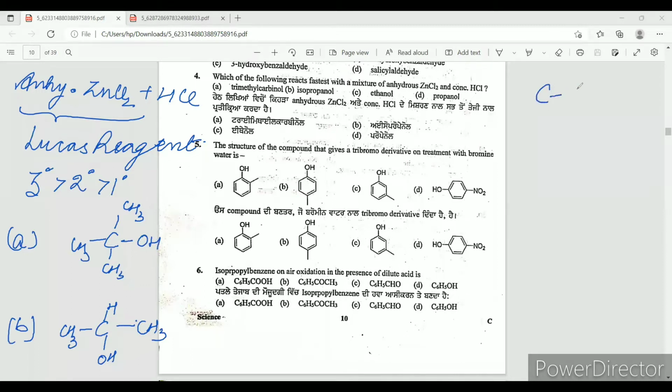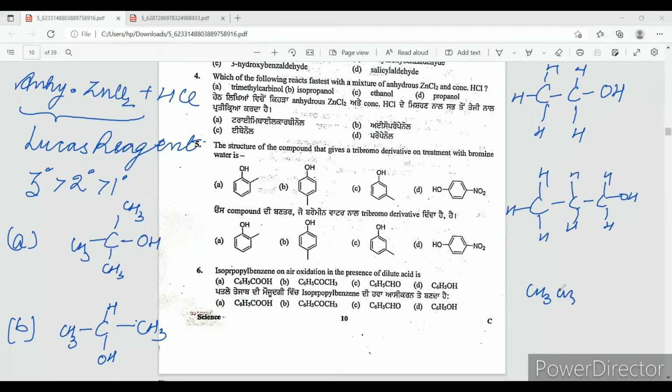Ethanol is 2 carbons and 1 OH. We can complete the hydrogens. And the last is propanol. Propanol means 3 carbons, and we can complete our hydrogens. Or you can say it is CH3, CH2, OH, right?